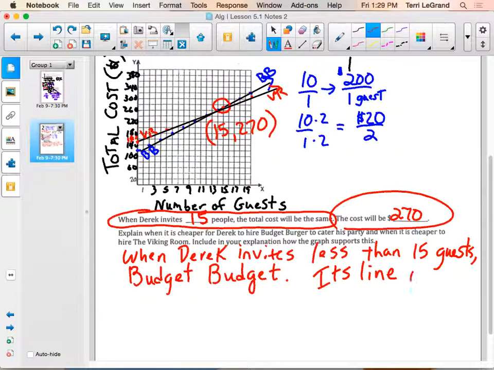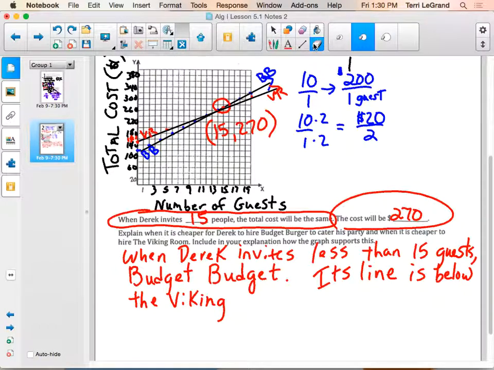Its line is below the Viking Room's. When Derek invites less than 15 guests, Budget Burger is cheaper. Good job, Ricky.